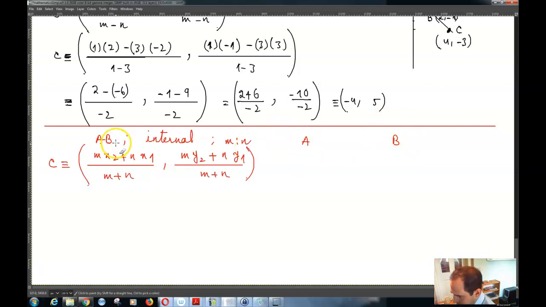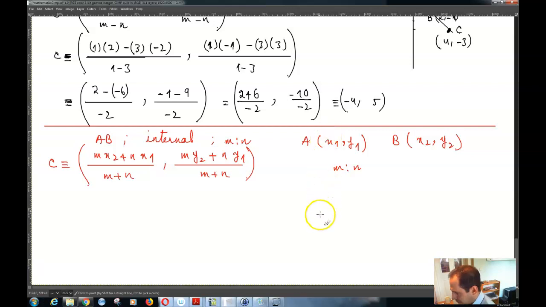Okay, now when you say that the point is dividing AB internally in the ratio m to n, you take A as x1 y1 and B as x2 y2, and you take the ratio as m to n.